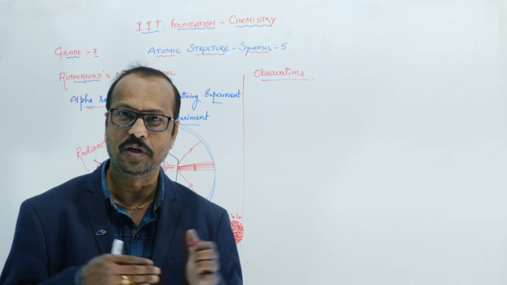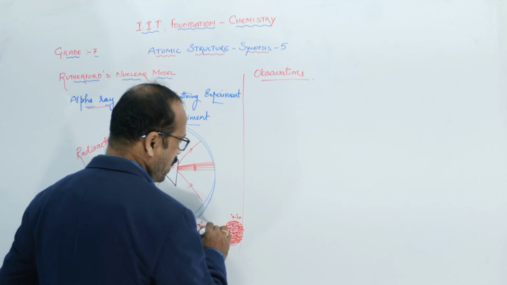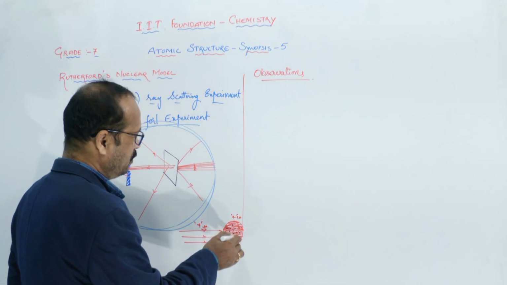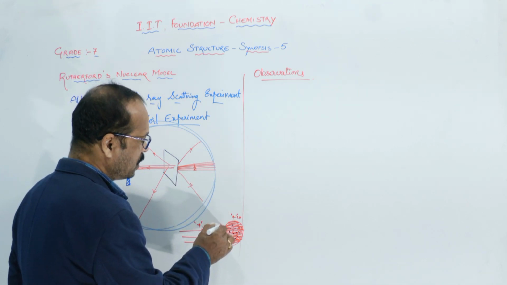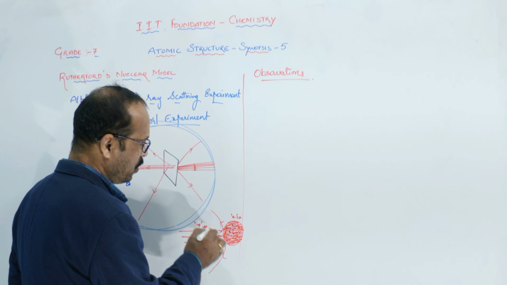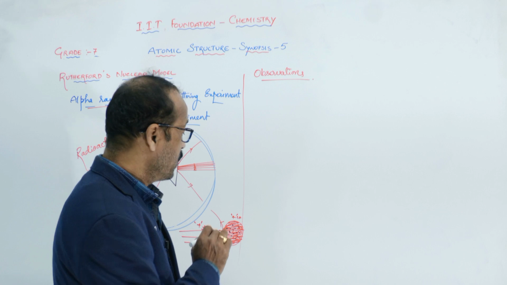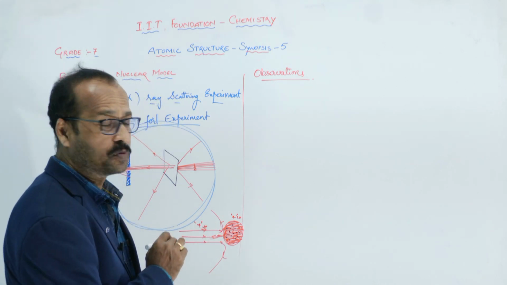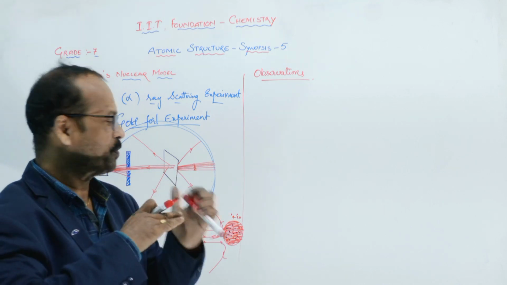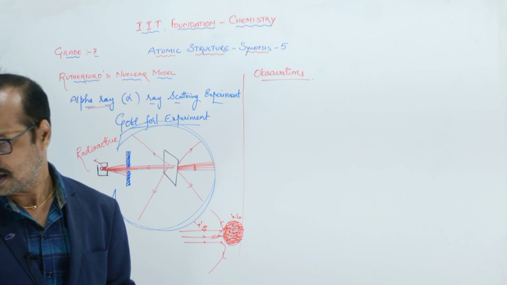Like charges should repel, so these particles should not pass through the gold foil but should deflect like this, because both are positive. But what he observed is that most of the alpha particles are passing through the atom.